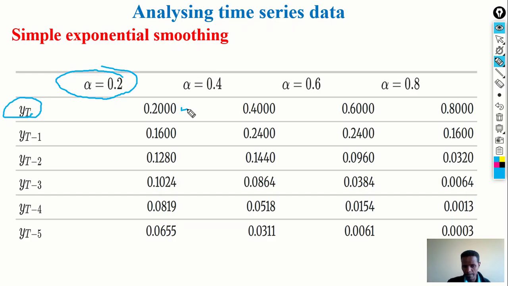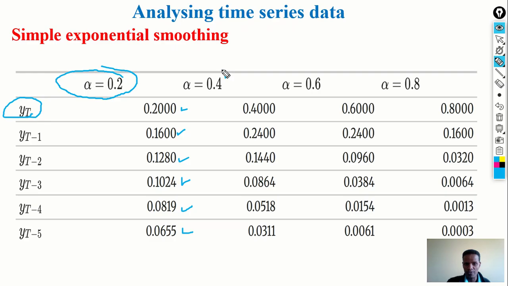For the previous one, it decreases to 0.16, and for the next one it decreases again, and again. So the weights given for each observation decrease exponentially, and the oldest observations are given a lower weight than the recent observations.